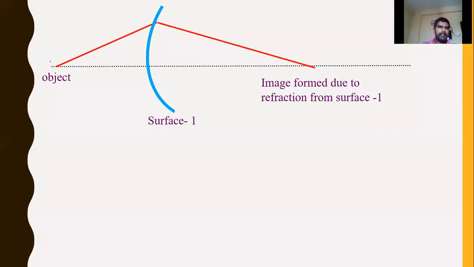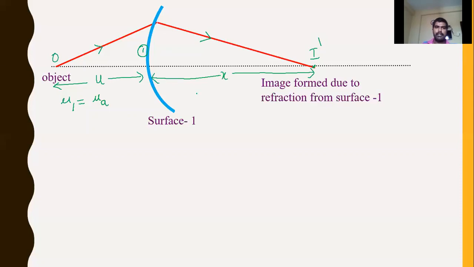As light comes from the object, this is object O, at distance u, it is coming from the air medium. Therefore the first medium is air, so you should substitute the refractive index of air. It comes out from this surface, the first surface of the lens, and due to refraction from the first surface, image I dash is obtained on the principal axis at some distance, say x, within the lens.